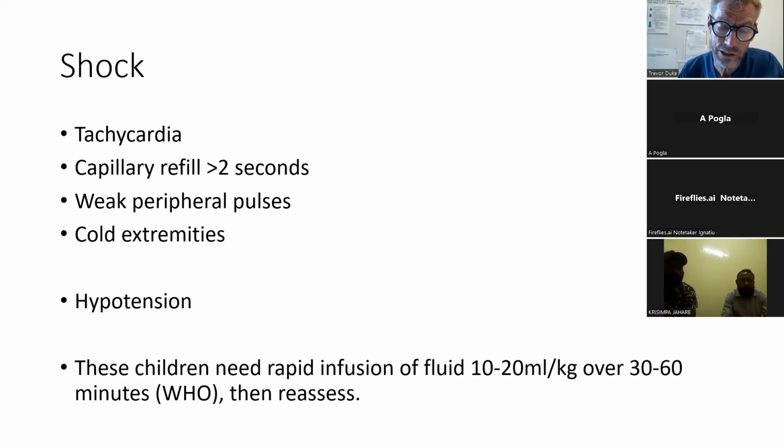Normal saline and dextrose is okay to give, but Hartmann's solution and Ringer's lactate are probably the best ones. But the recommendation now is to give 10 to 20 mils per kilo of fluid and then reassess. And that's the recommendation for reasons which I'm going to explain in the next few slides in the next 5 minutes, because that's what we used to do a long time ago.